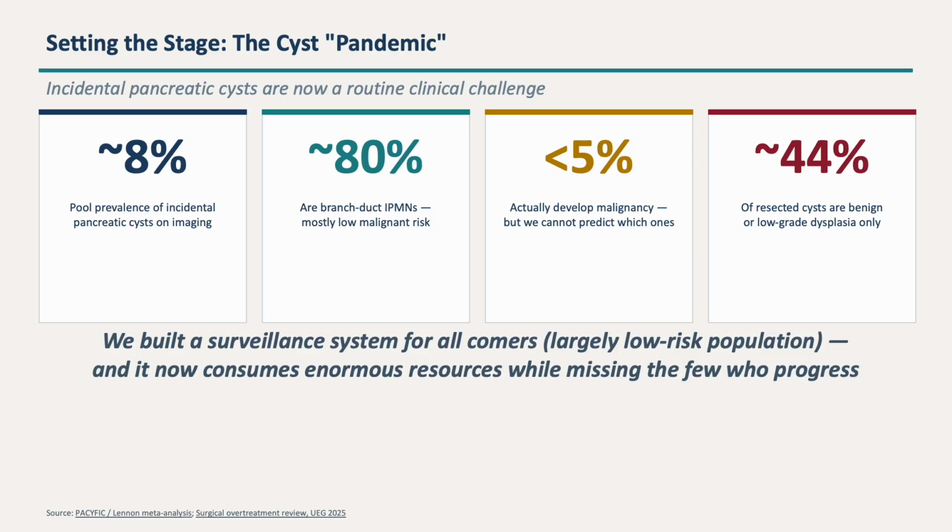So we have built a surveillance system for all comers, largely low-risk populations, and it now consumes enormous resources while missing the few who progress. So this is a challenge we face: we have an enormous burden, and the needle in the haystack can often be missed, or in the process of trying to avoid that, you end up doing something which is not necessary for the patient.